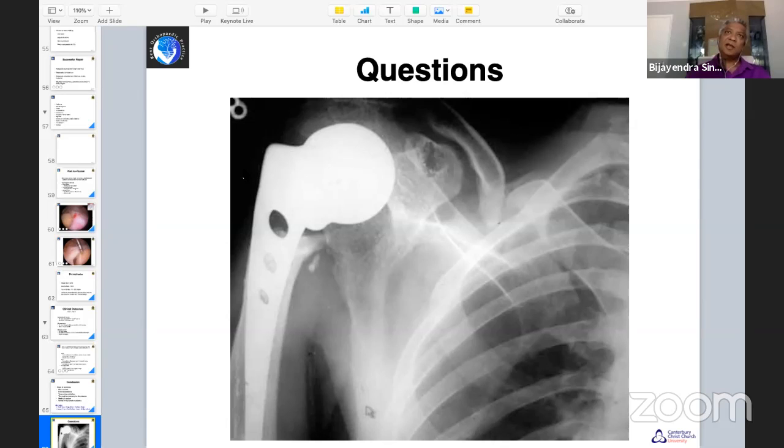So simple things like a partial biceps tear, or if there is a loose body or something like that. So that's my take on the open versus arthroscopic repair. For people who are starting off, have got equipment issues, yes, you can learn to do it open and then move on to arthroscopic repair.